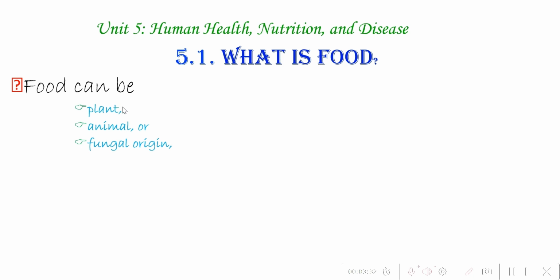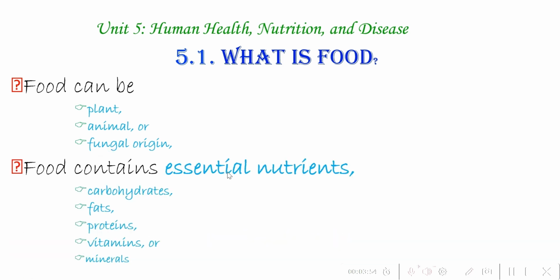It can be an animal source such as meat, egg, and also milk products. And also fungal origin. Some foods may be of fungal origin, such as mycoprotein, a protein which is obtained from fungus. So these are the sources of foods.